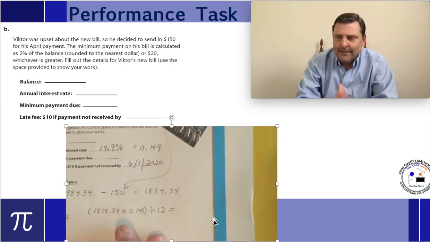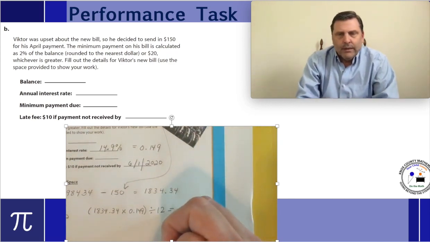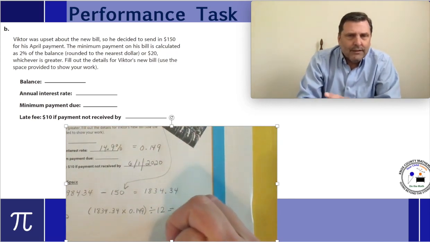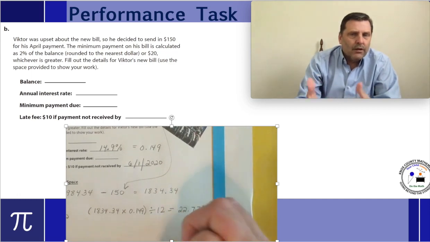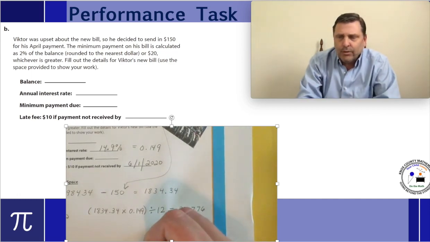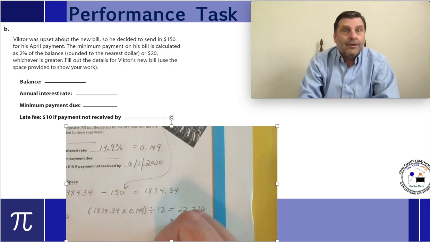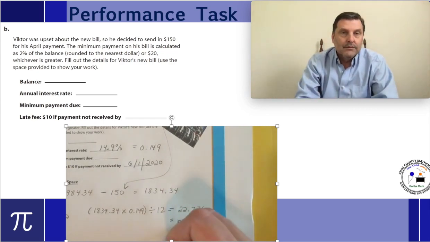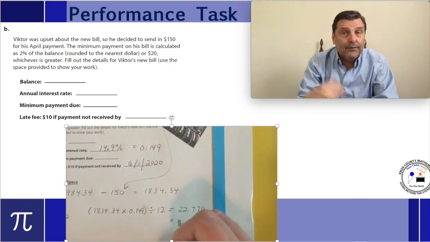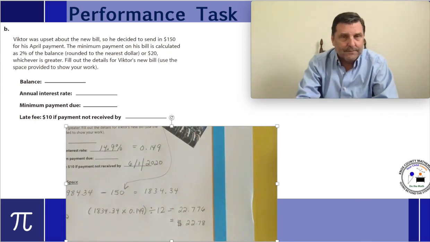If we do that math, we get 22.776, or in dollars and cents terms, that's $22.78 of interest added to it. So it's better than before because he paid $150, but they're still going to charge him.